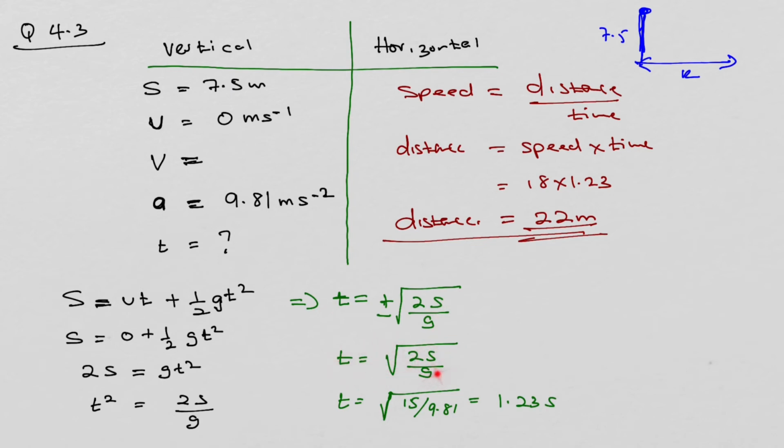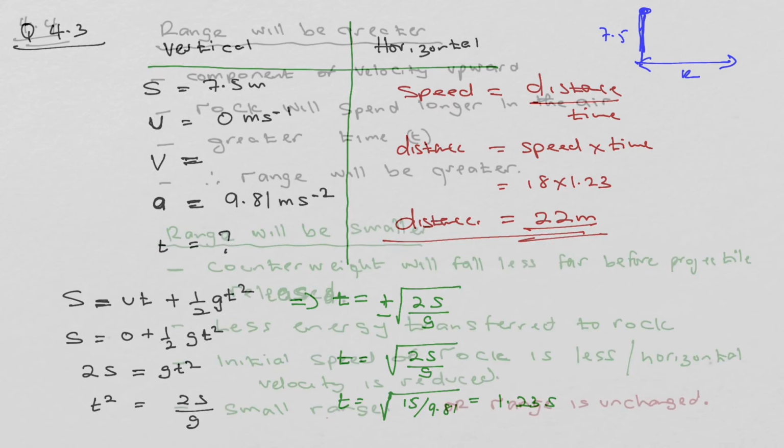Substitute s is 7.5, 7.5 times 2 is 15, divided by 9.81. The time we get is 1.23 seconds. The horizontal speed we're given is 18. Making distance the subject, distance is speed times time, so that's 18 times 1.23, and distance is 22 meters. So the range is 22 meters.